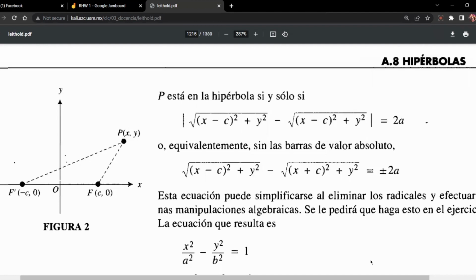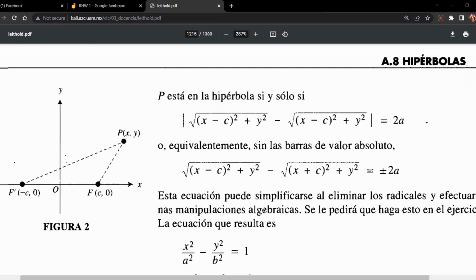And then, supposedly, if you do the algebra in a way that's similar to what we did for the ellipse, we should be able to get an equation of the form x squared over a squared minus y squared over b squared equals 1. Exercise din yan, number 43 sa 8.8.